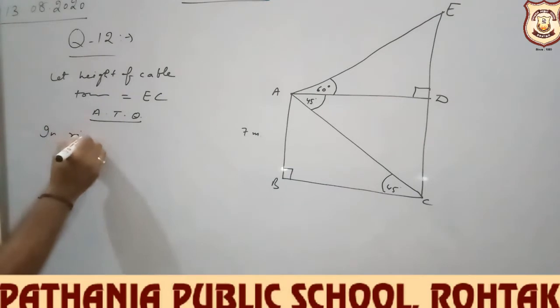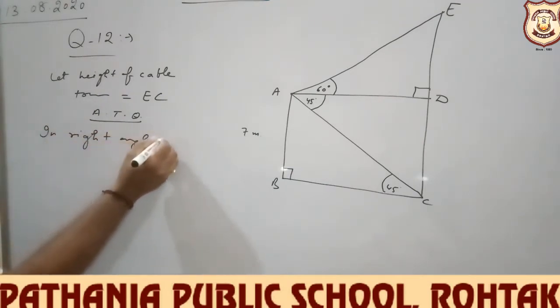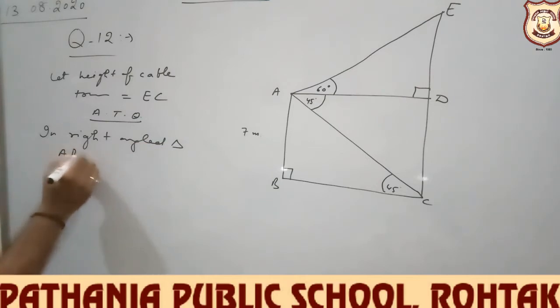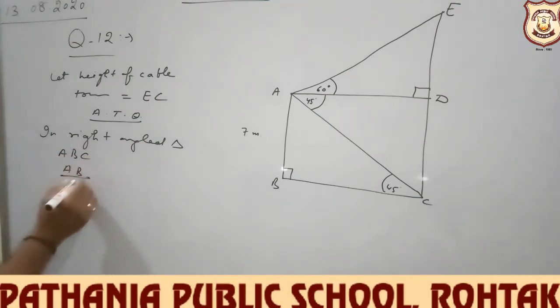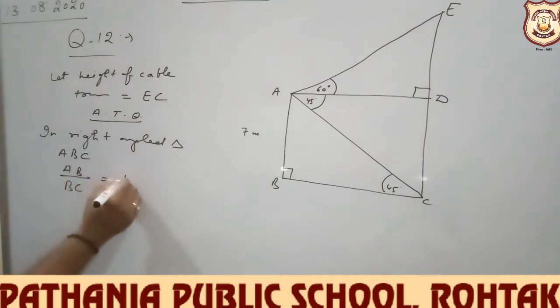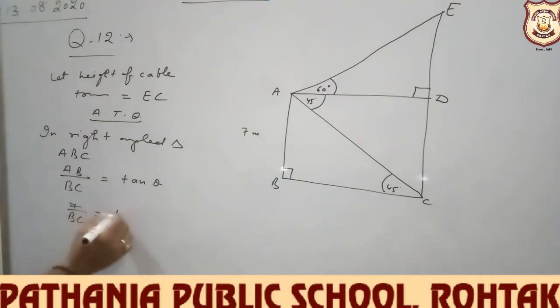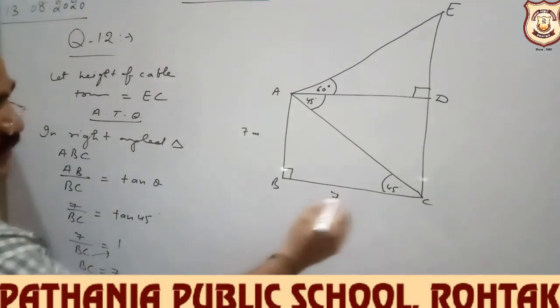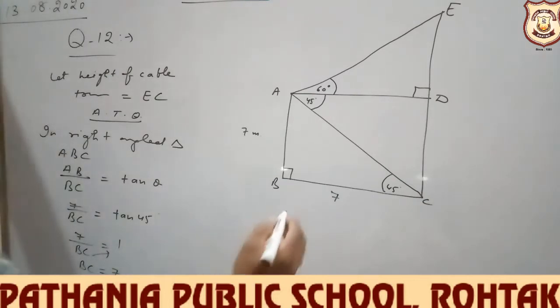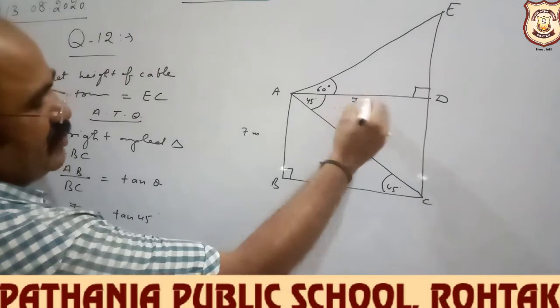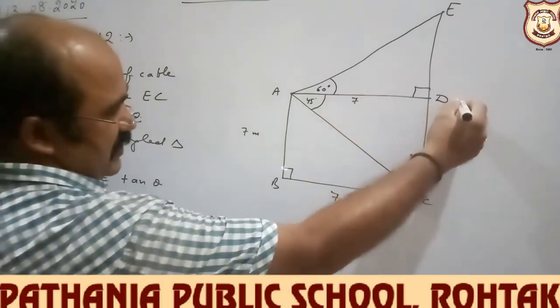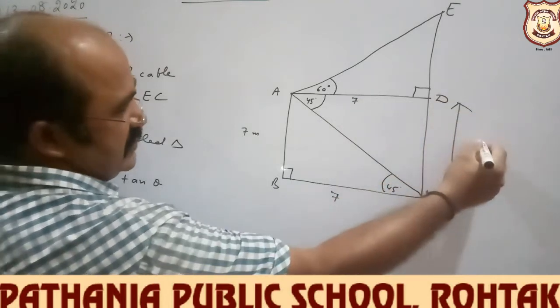In right angle triangle ABC, AB upon BC equal to tan theta. 7 upon BC equal to tan 45. 7 upon BC equal to 1. BC equal to 7. So BC becomes 7. See students, if BC becomes 7, then AD also becomes 7. DC also you know is 7.